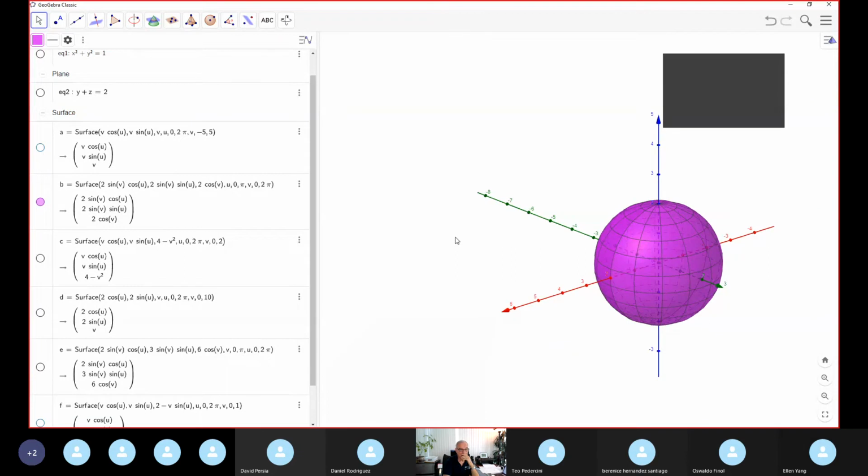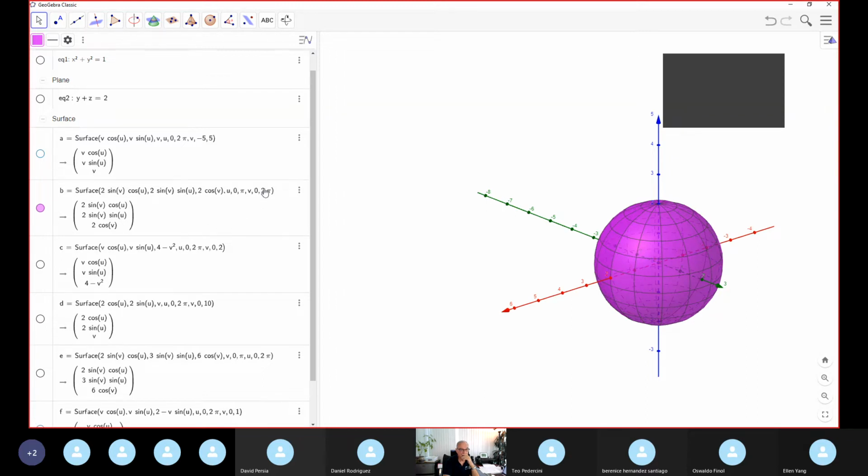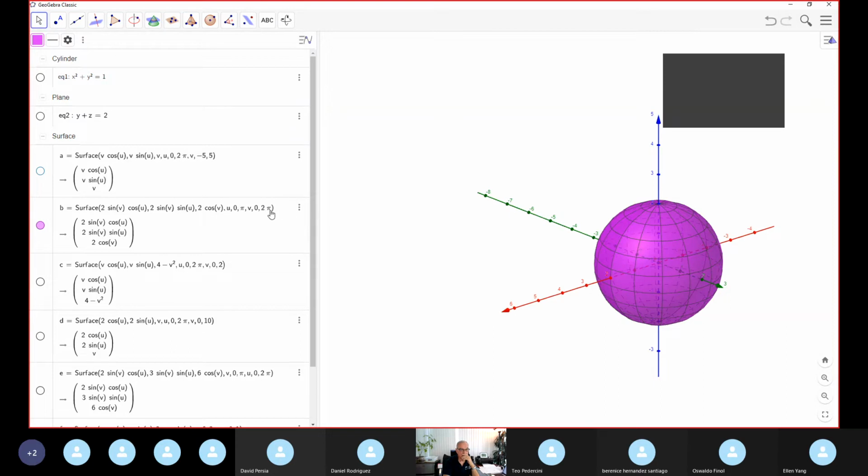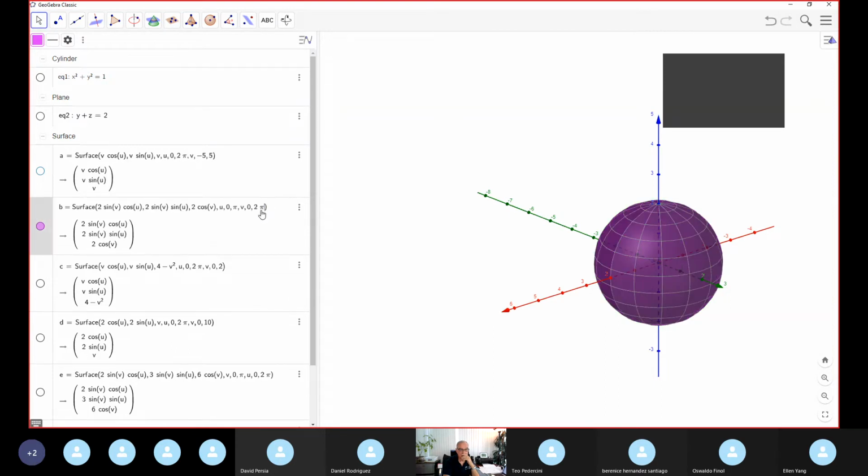And you declare, for example, the beauty of that part is that we have more degrees of freedom. Suppose I want to change the range from 0 to pi. Let me make it 0 to pi. I change from 0 to only 1 pi. I delete this pi. Pi in GeoGebra you put capital P and I. It's a pi.